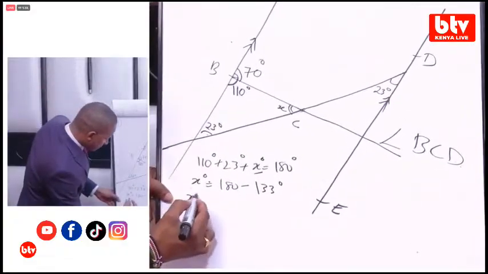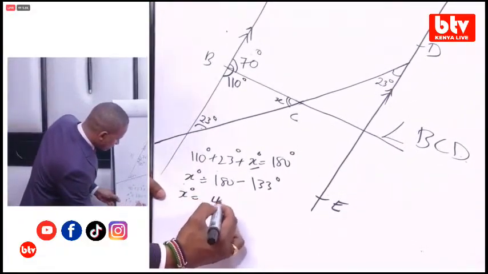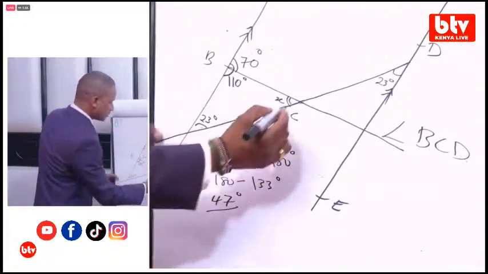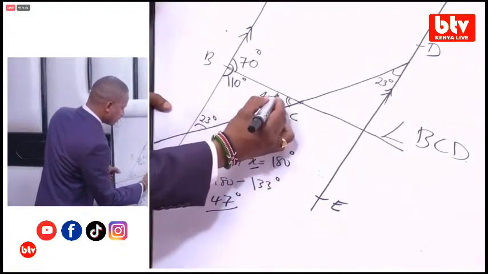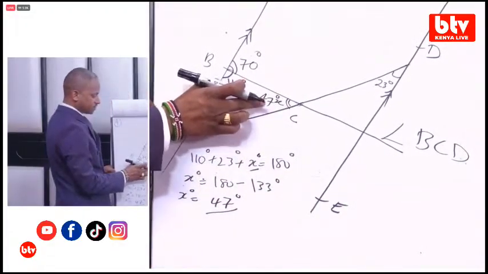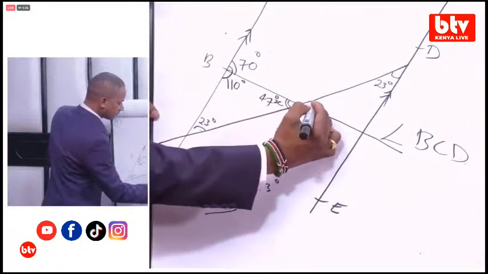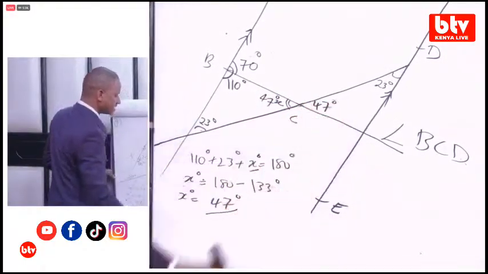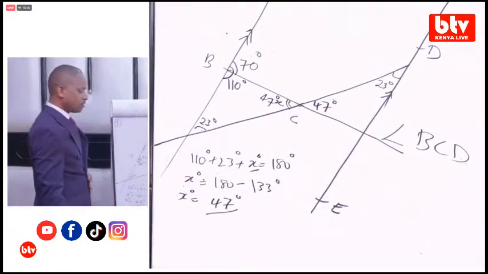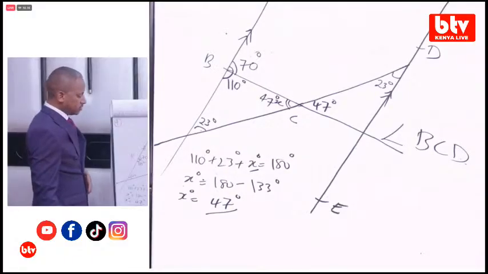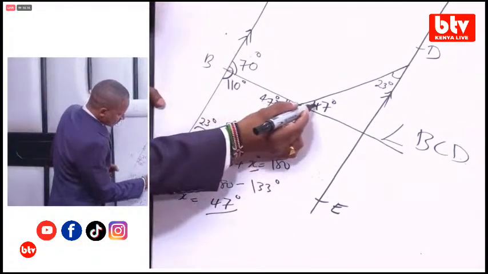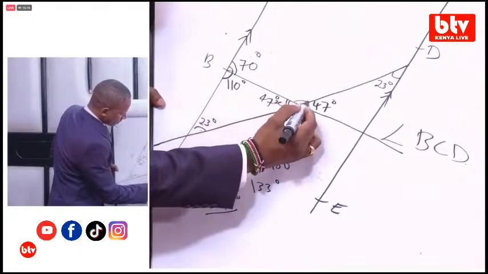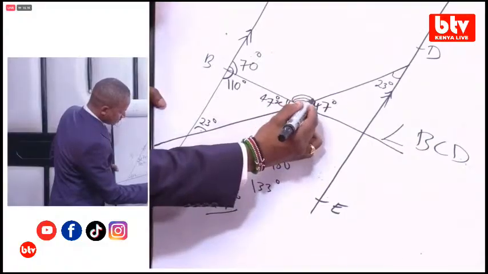So angle X equals 47 degrees. If this angle is 47 degrees, this angle will also be 47 degrees, because they are vertically opposite angles.